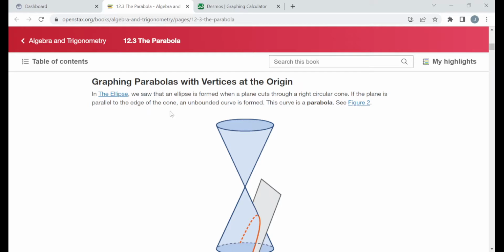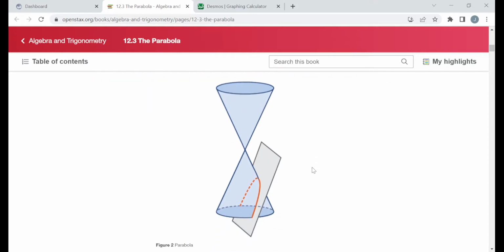Okay, so a parabola, like an ellipse or a hyperbola, is one of these conic sections. They show you a picture here. If you take a cone and slice it with a plane, the cross section that appears on that plane is a parabola shape.